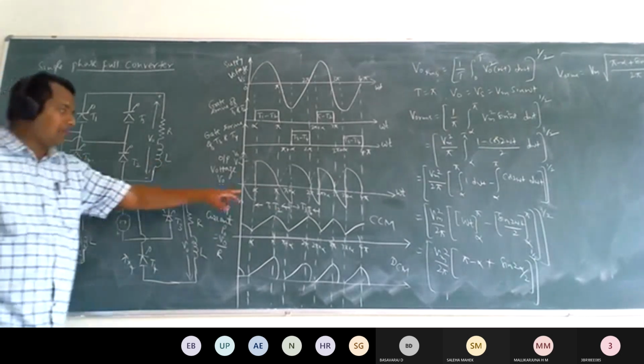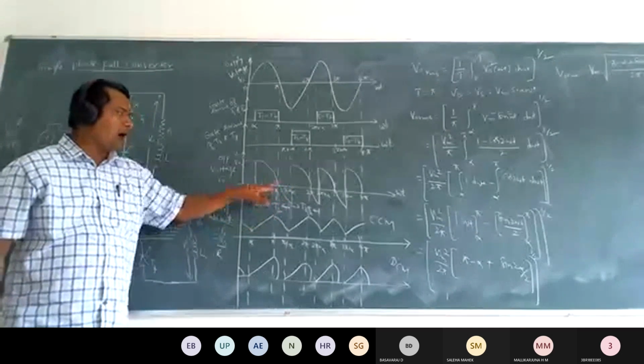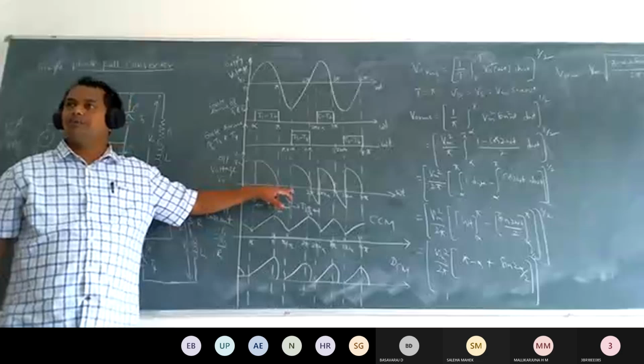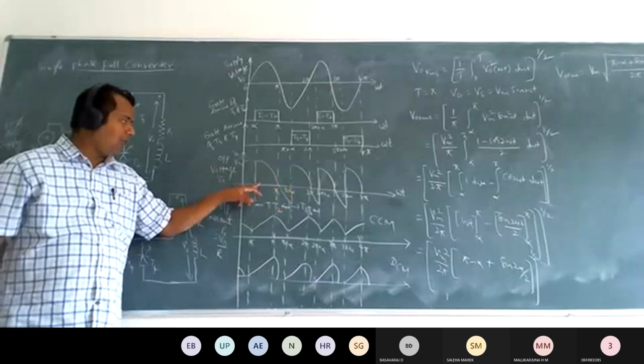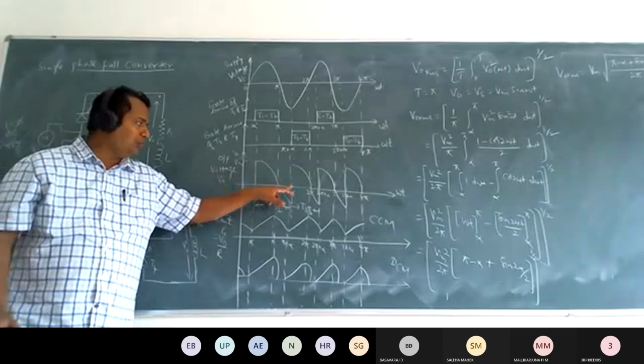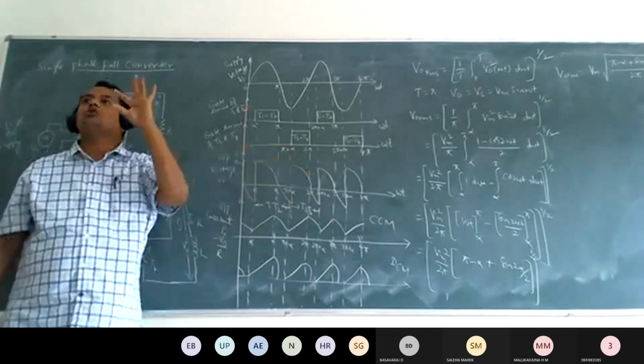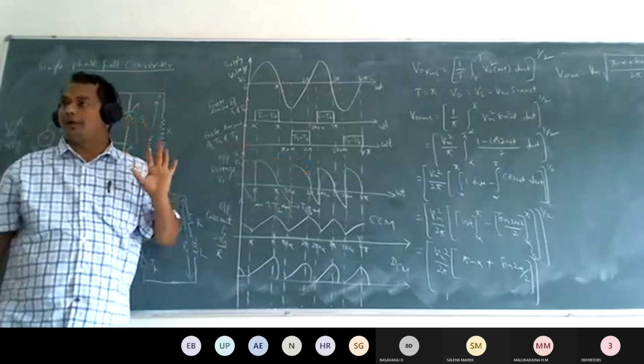That's why here we are representing the total conduction angle of T1 and T2 as from alpha to pi plus alpha. That is, from alpha to pi because of the supply voltage, and from pi to pi plus alpha, whatever the magnitude we are representing, is because of the inductance voltage.